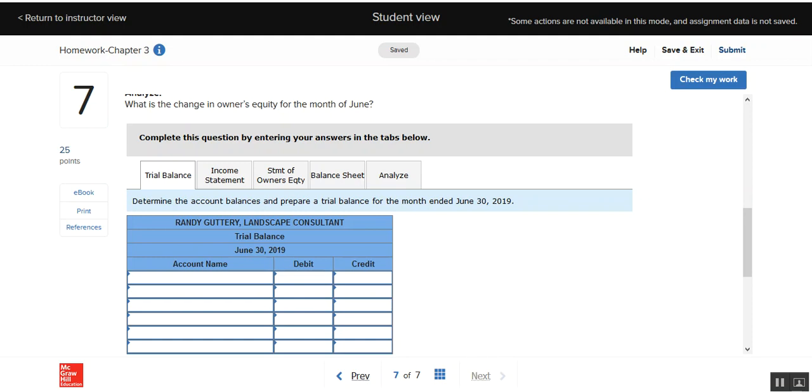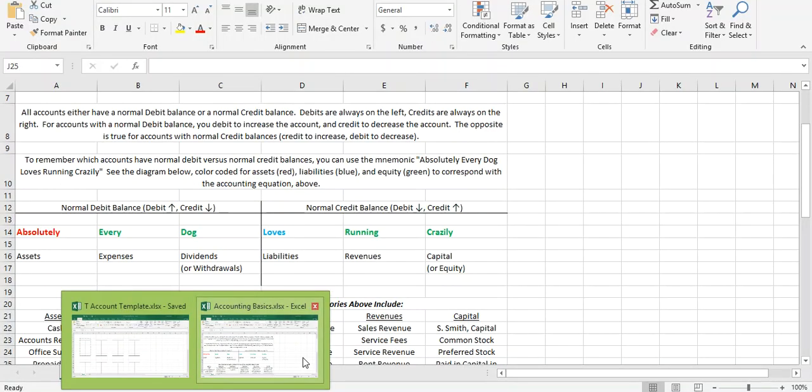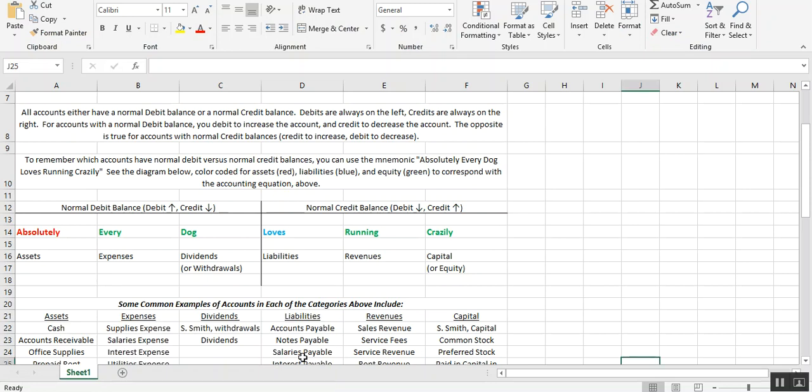So one of the things I wanted to mention before I look at number 7 is in Blackboard, under the syllabus in our course, there's a file that's labeled Accounting Basics, and it's just kind of like a cheat sheet that I made with some beginning, very basic accounting things. Now you can find all of this in your textbook.